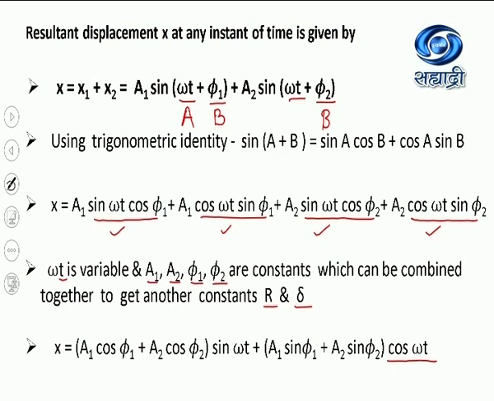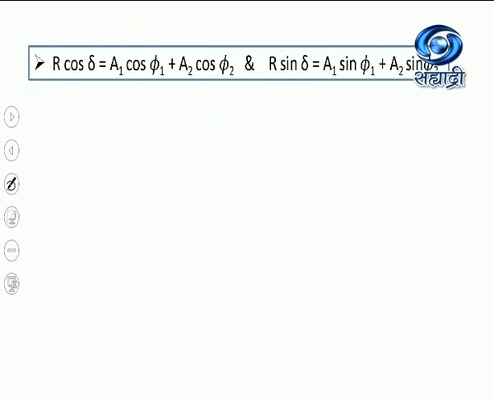Let us assign the constants r and delta to these brackets. The assigned terms are r cos delta equal to a1 cos phi 1 plus a2 cos phi 2. Purposely cos delta is used because the rest of the equation is in terms of cos. On similar lines, the other equation is in terms of sine, so the constant assigned is sine, that is r sin delta.